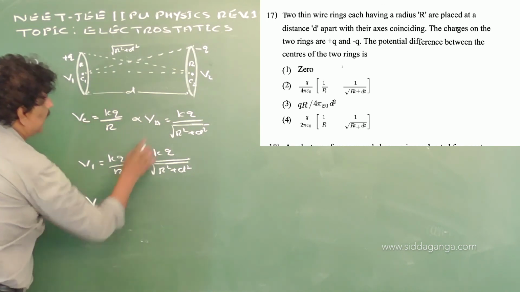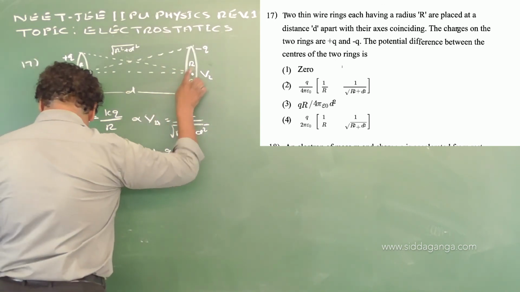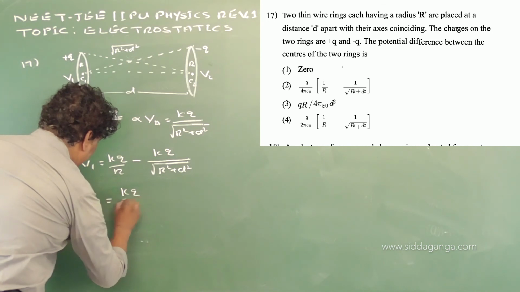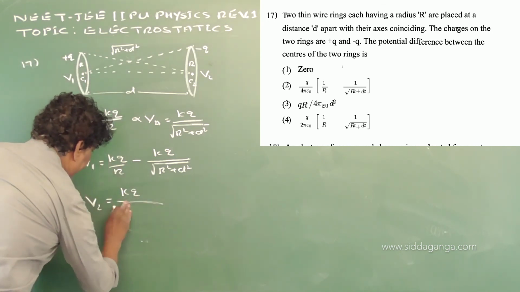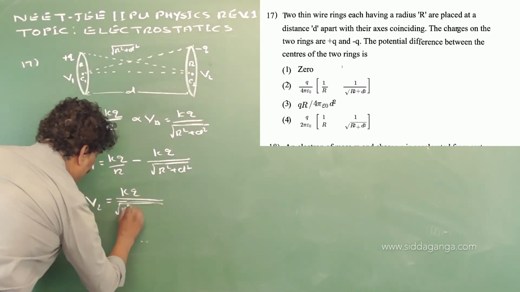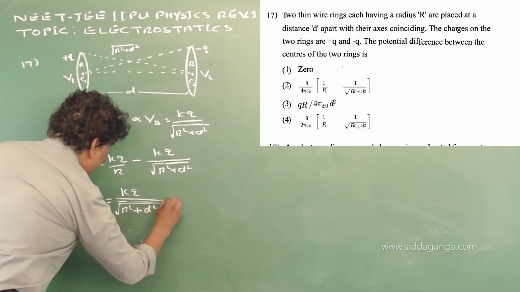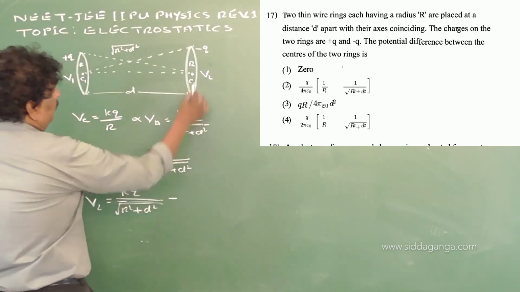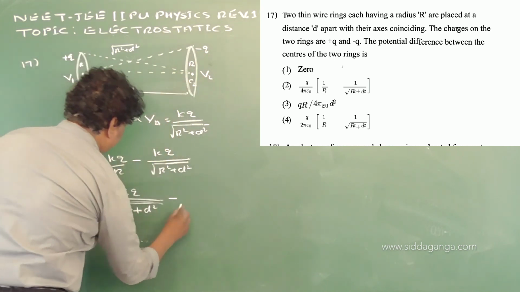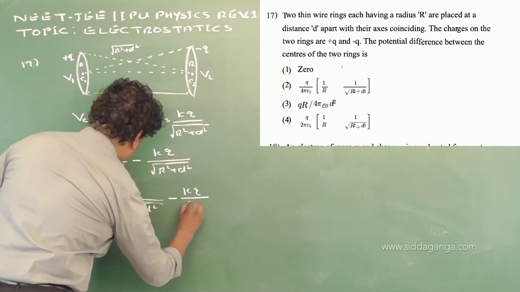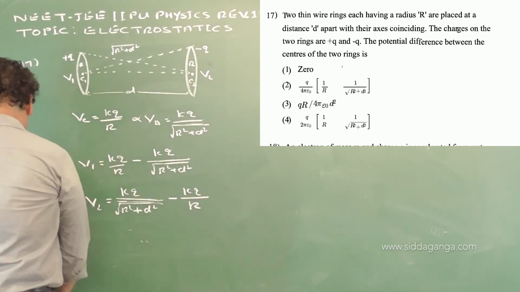And V2 at this point is k q by square root of r square plus d square, due to this one, minus the potential due to the other ring, that is k q by r.